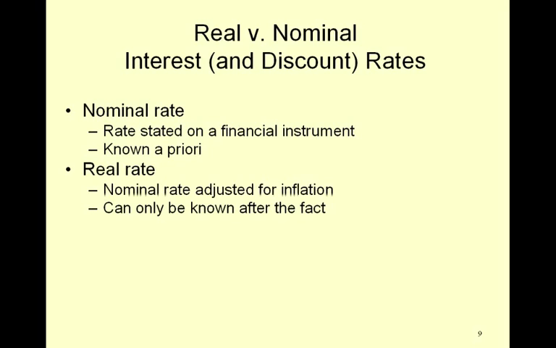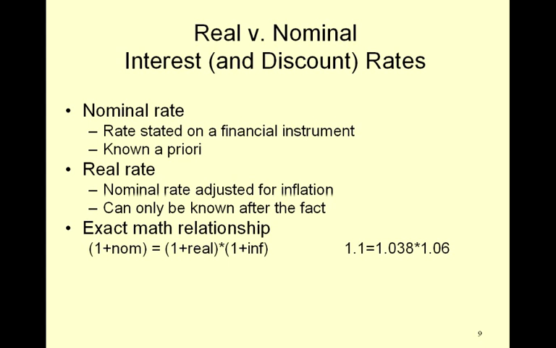Now, there is a math relationship between nominal and real interest rates. This is the exact mathematical relationship, and you can look at it and see what you think about it. Essentially what it says is that 1 plus the real rate, let's say the real rate is 3.8%, times 1 plus the inflation rate, let's say the inflation rate is 6%, equals 1 plus the nominal rate.